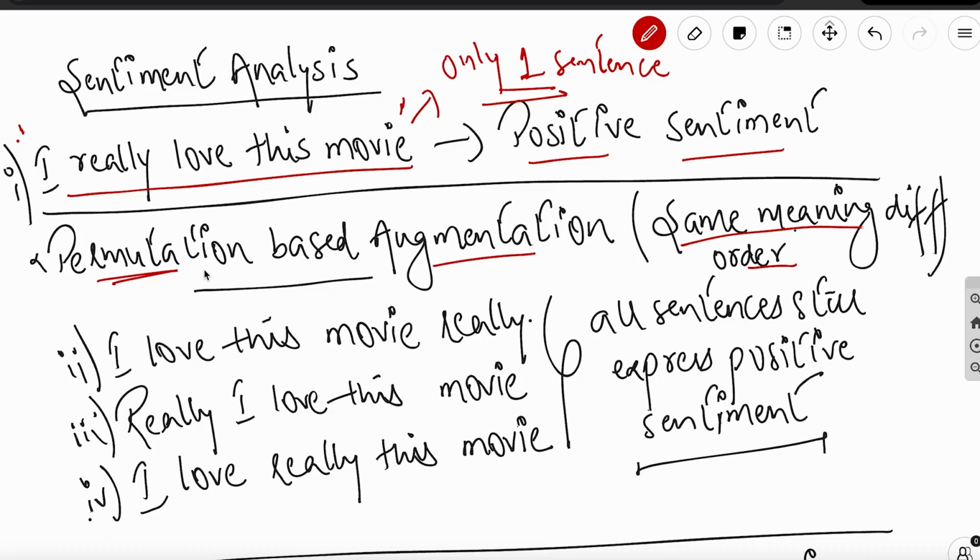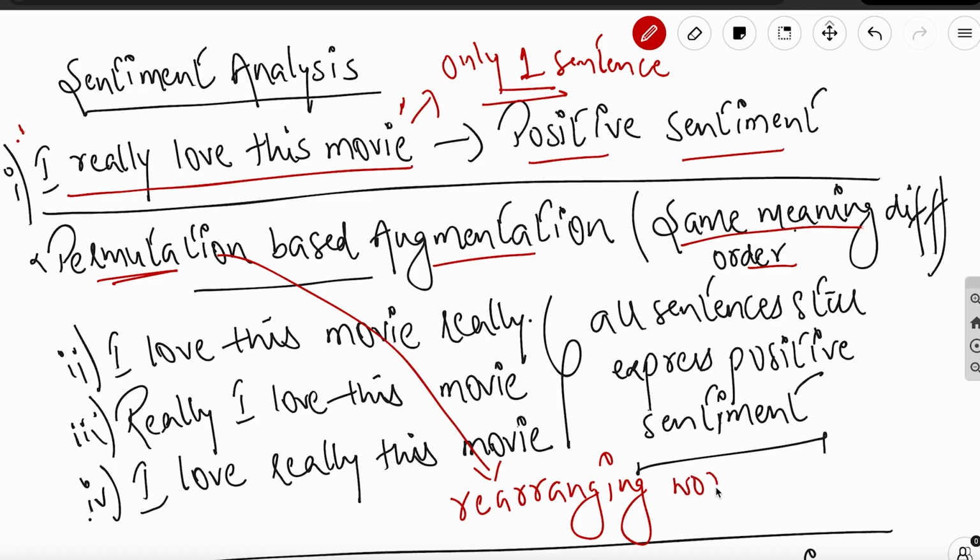This permutation basically means rearranging words. But one thing to notice is we cannot just randomly rearrange these words. We have to ensure that the grammar is considered, because we need to have a meaningful data, okay.